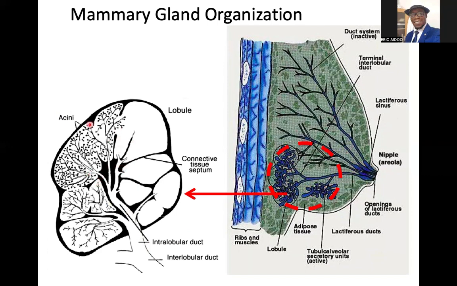So here you have within the lobes the acinar cells, which will secrete the milk, and then it will be transported into the ducts and then all the way to the intralobular, interlobular, lactiferous duct, lactiferous sinus, and out it goes. So you have connective tissue septa also permeating the substance and dividing them into lobules.